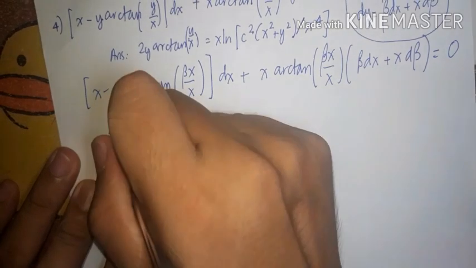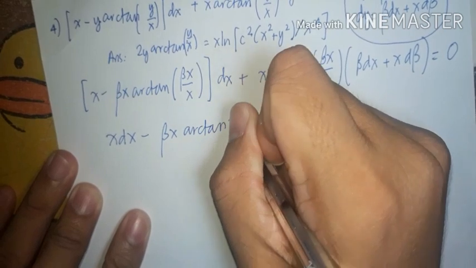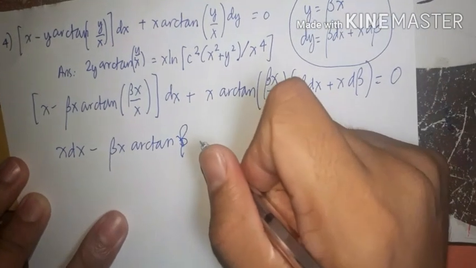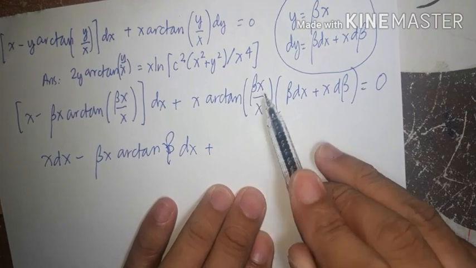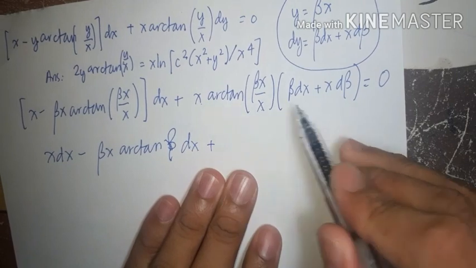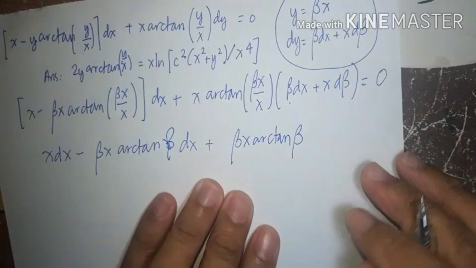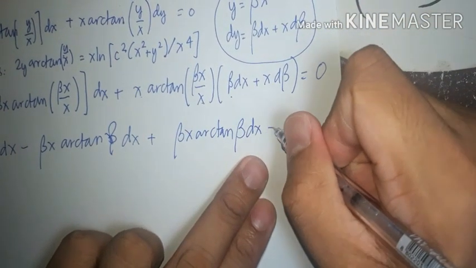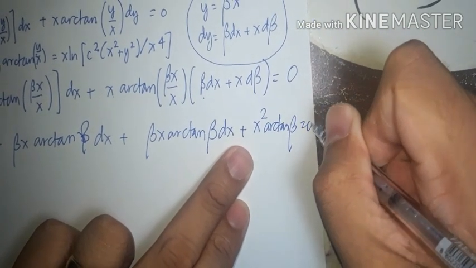So that's x dx minus beta x arctangent of beta, because that x cancels out, dx plus that x cancels out with that x, so matitira is arctangent beta times x times beta is beta x arctangent beta dx plus x squared arctangent beta equals 0.